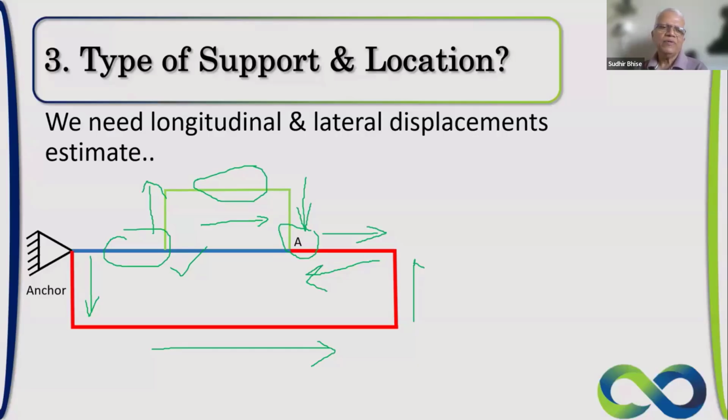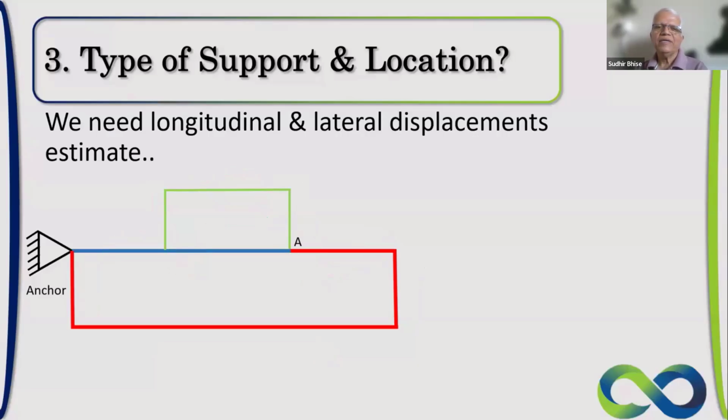And we have a very clear understanding along the axis or the shortest distance. So we can easily conclude from this that for reaching a point A or finding out the displacement at any point of interest, it is not necessary to go along the route of the piping.